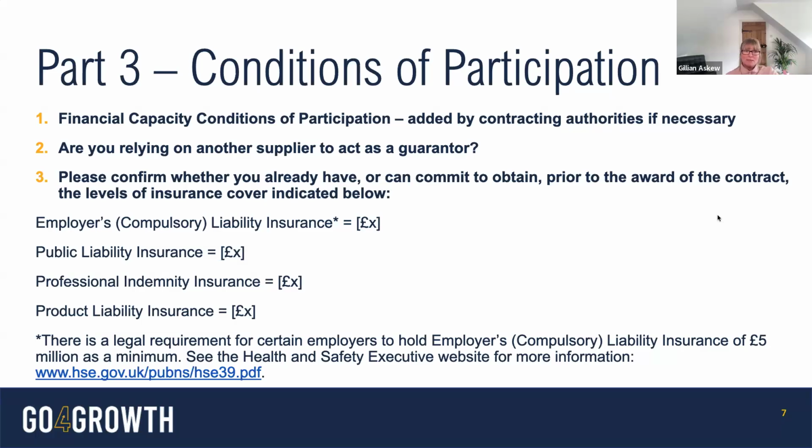So if you don't meet a financial threshold, for example, but believe that you have the capability, including the financial capability, to run the contract throughout the life of the contract without undue risk, my view would be I would submit a clarification question to ask whether it can be taken into account and whether the financial capacity conditions of participation can be amended. There are no guarantees using the clarification process, but that would be my advice.